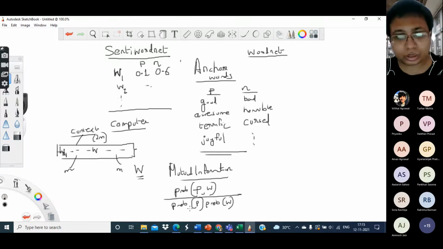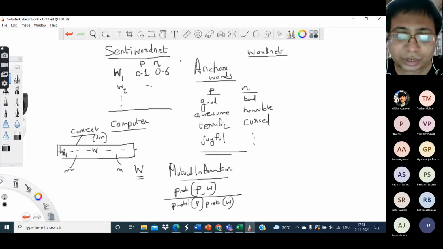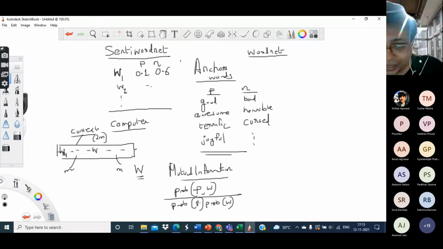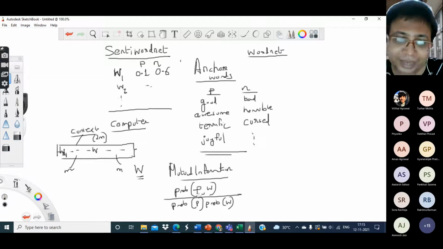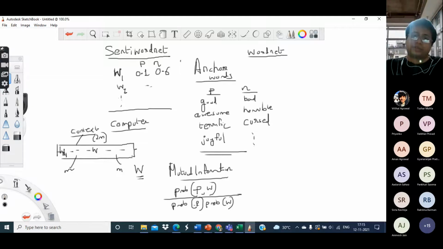In a sense, it is something like saying that the word P can appear in many contexts, and the word W also may appear in many other contexts. What we are trying to measure is whether we can say that whenever one of them appears, the other one also appears.